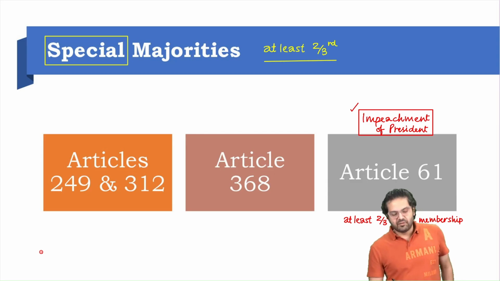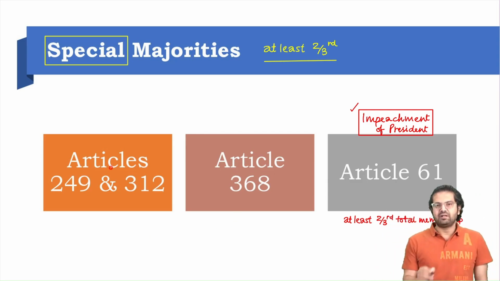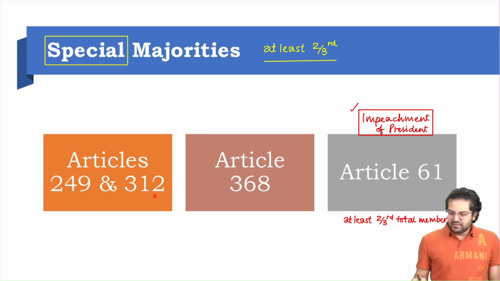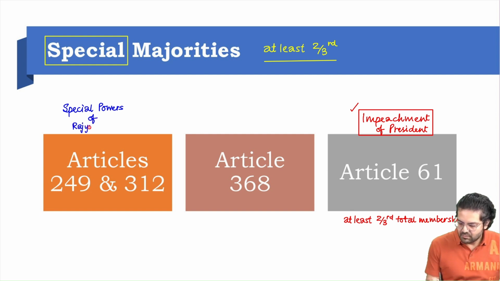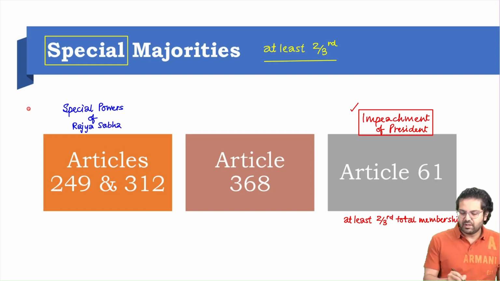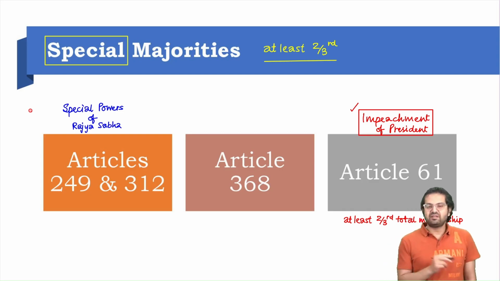Now, what is important for us is to understand these two articles, 249 and 312. These are actually special powers of Rajya Sabha. Okay, special powers of Rajya Sabha.